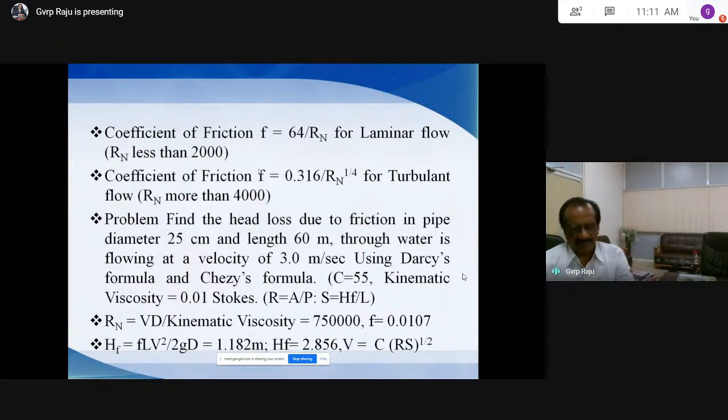At the time I mentioned clearly that for turbulent flow, the Reynolds number is more than 4000, and the relation between f and Rn is f is equal to 0.316 by Rn to the power of 1 by 4. I gave the correct answer.